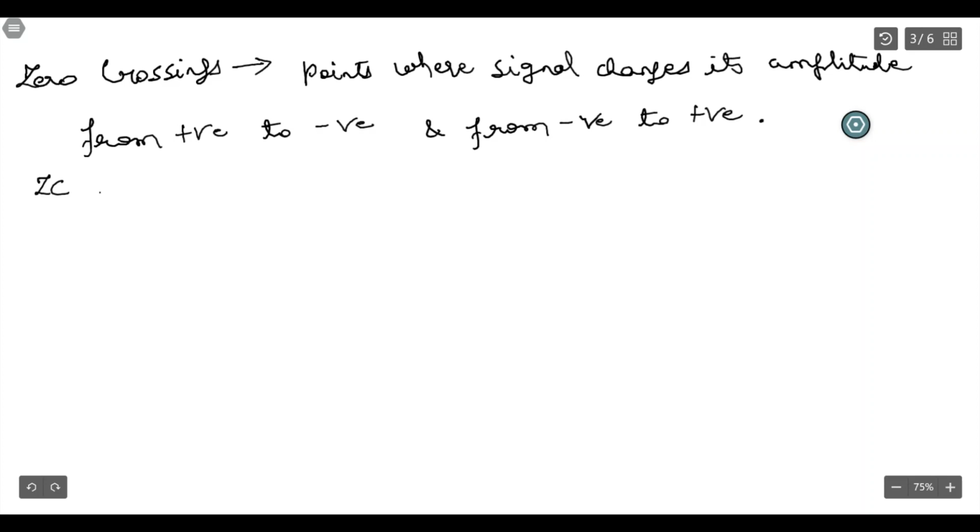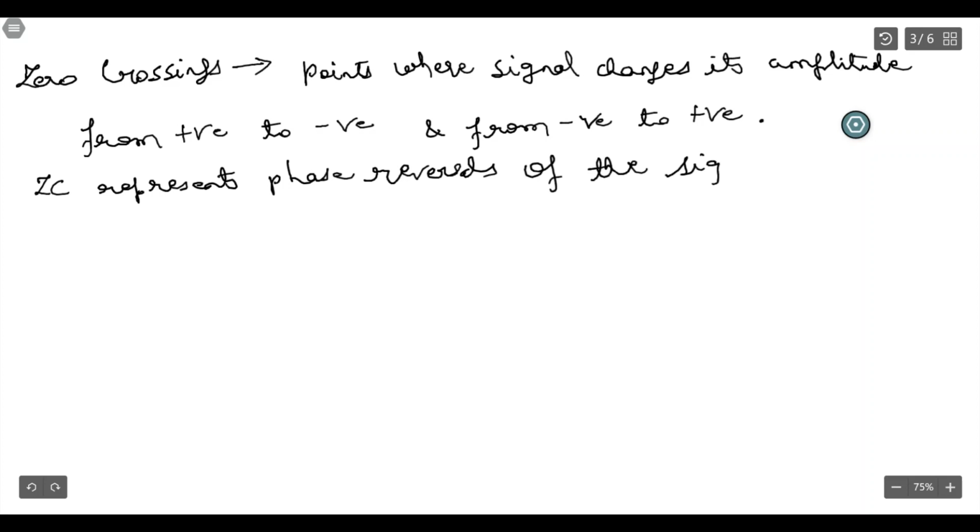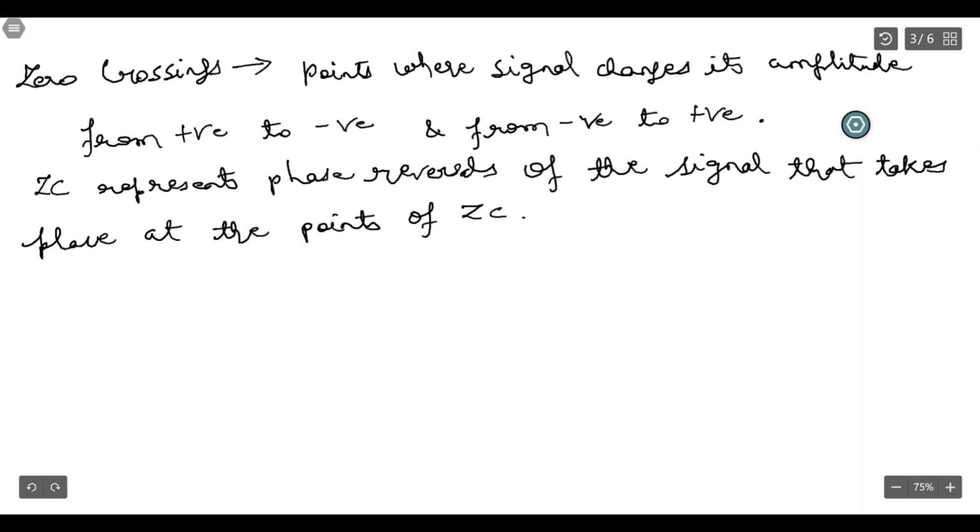Zero crossings represent phase reversals of the signal that take place at the points of zero crossings. So this is the concept of zero crossing.